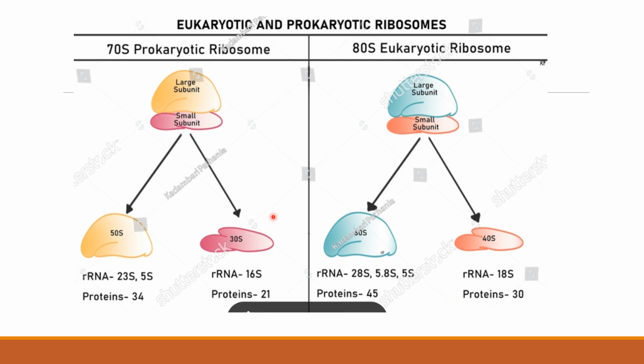The function of ribosome is protein synthesis. It's helpful in protein synthesis. And there is more chance to get confused between the prokaryotic and eukaryotic ribosome, so try to remember this. Let's move to next slide.